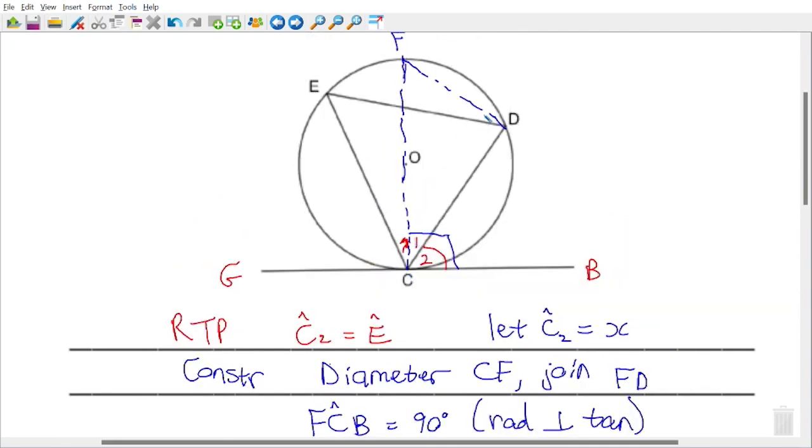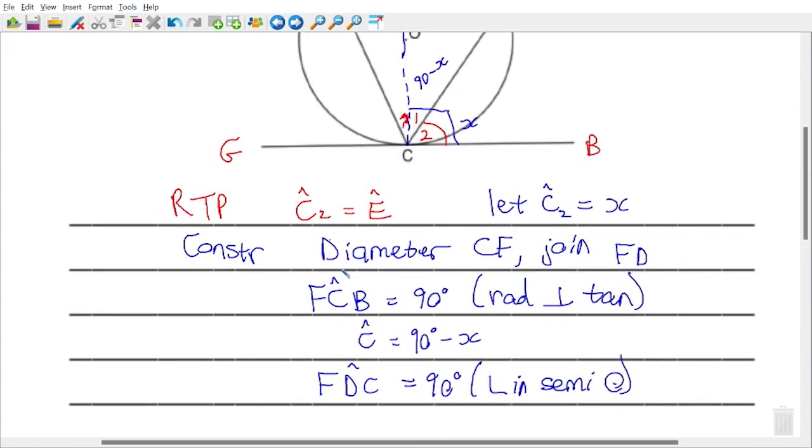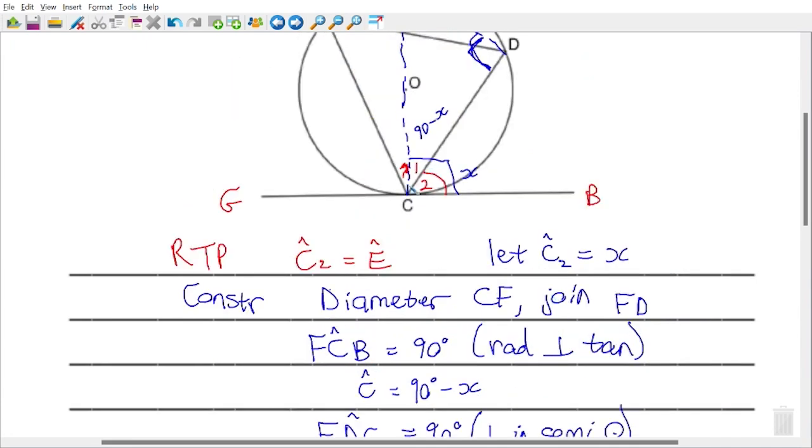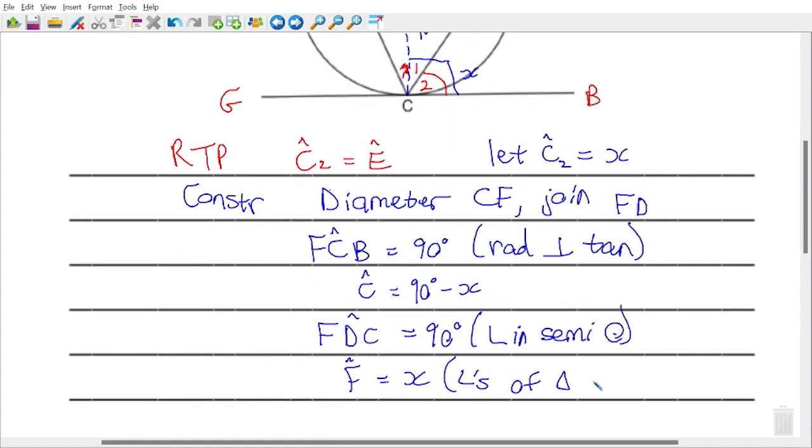So if this is 90 degrees, and this is 90 minus x, and this is x, from angles of a triangle we get that angle F must be x. Therefore angle F equals x, angles of triangle CFD.